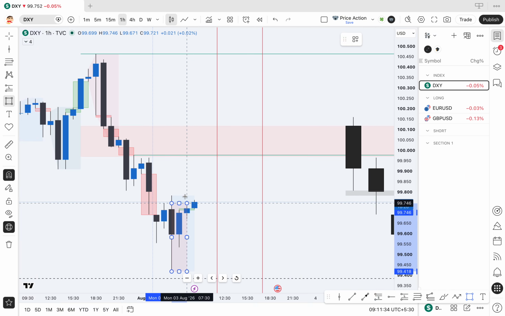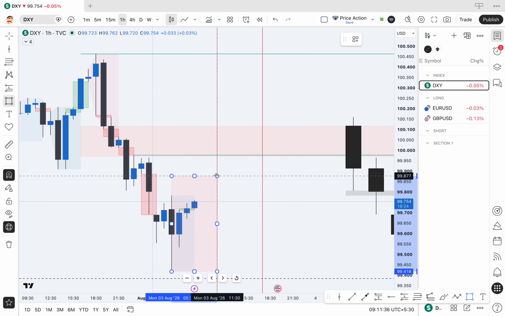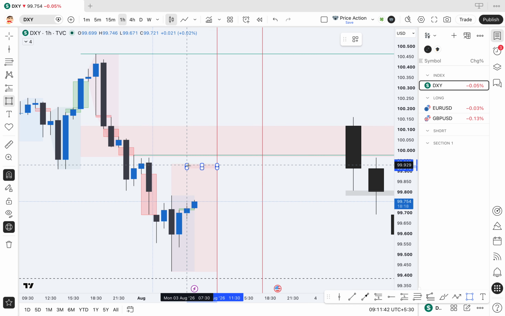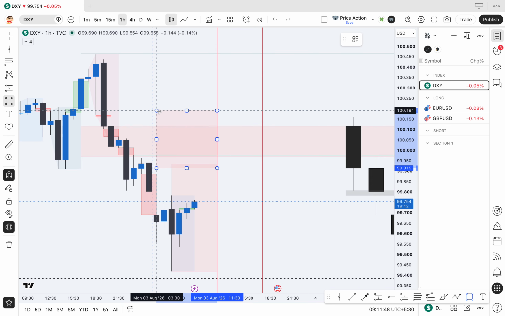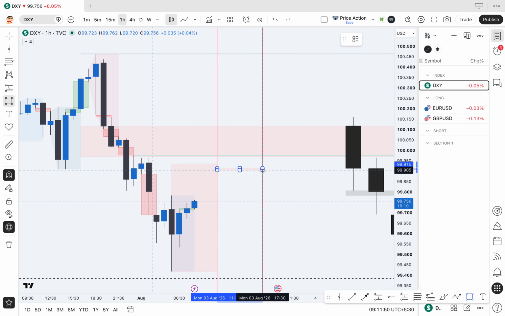If in the Asian range, we close till here, then in London, I want price to open, sweep the Asia high, sweep the swing point, and tap into the 4-hour zone, which is this fair value gap. We open in London, go up, sweep everything, and close back in. That's it.